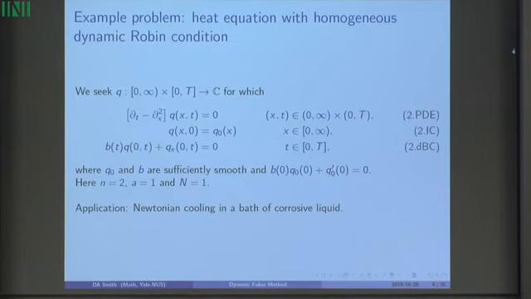I'll mention applications only once in this talk, and that application is to Newtonian cooling. A Robin boundary condition is a model for a metal rod where one end is in a bath of liquid. If the liquid is gradually corroding the end of the metal rod that's in the bath, then the coupling coefficient in the Robin condition is going to vary in time.